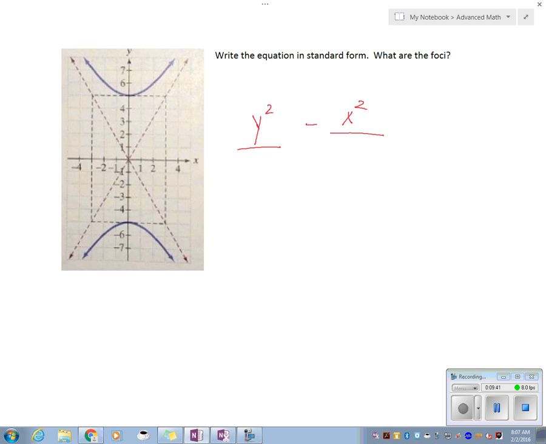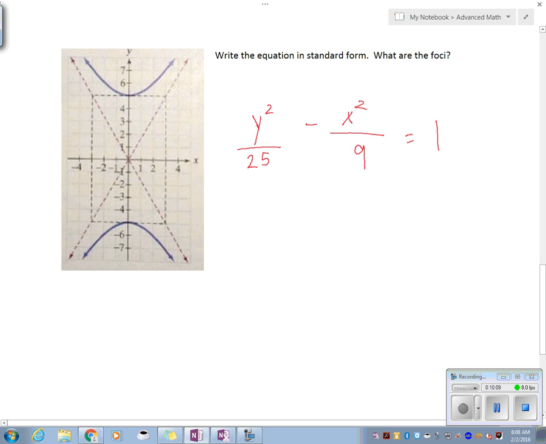So under the y is 5 squared. A is 5. So under the y has to be 25. And under the x squared, the b squared has to be 9. So far, so good?